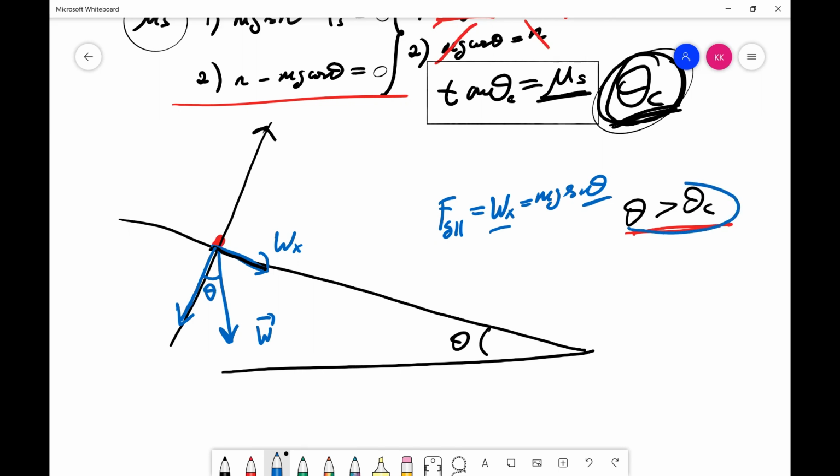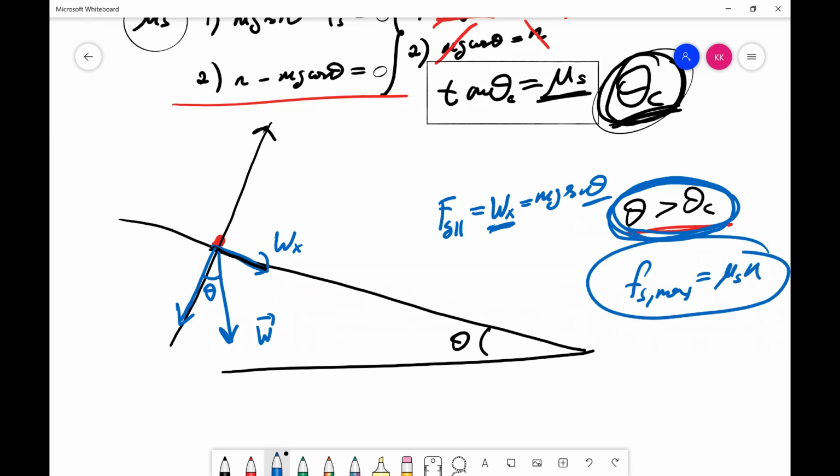So as we increase theta beyond the critical angle, the x component becomes stronger than the static friction force. Remember, static friction has a maximum value, mu s times N, and beyond this it cannot go. So the x component of gravity becomes stronger than friction, and it starts sliding down.